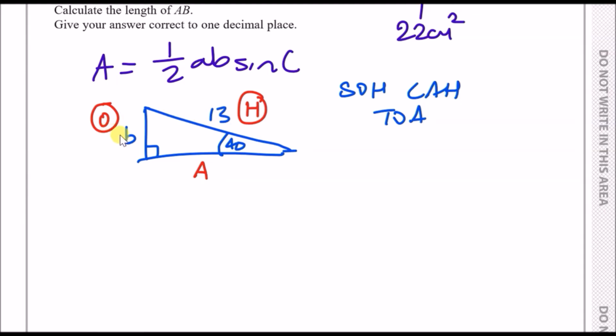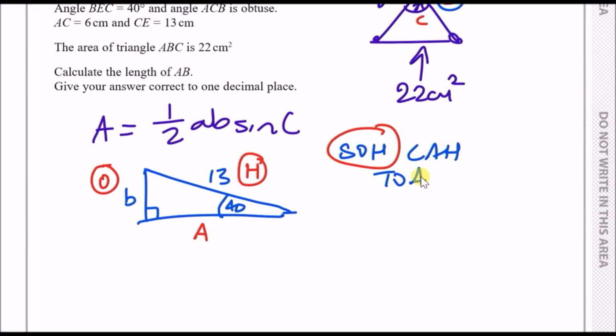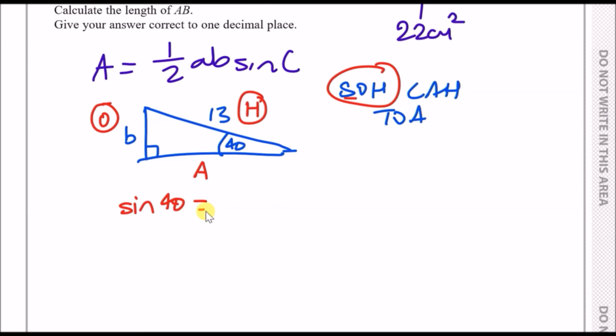Here we're dealing with an opposite and a hypotenuse. So anything that has O and H is going to be SOH. According to SOH, we have sine for the angles. Sine of 40 equals O, being the opposite B, over the hypotenuse being 13.